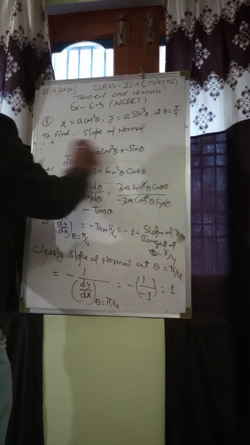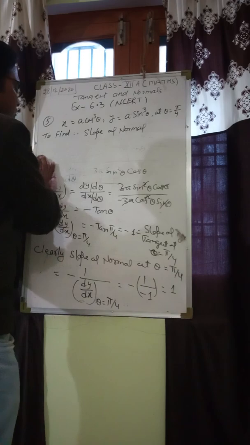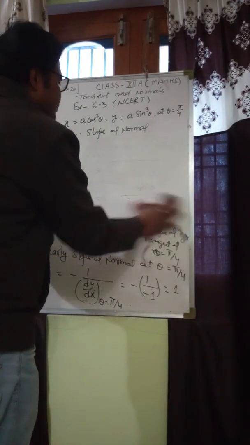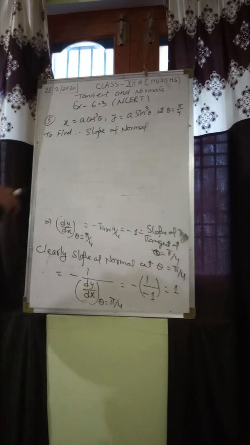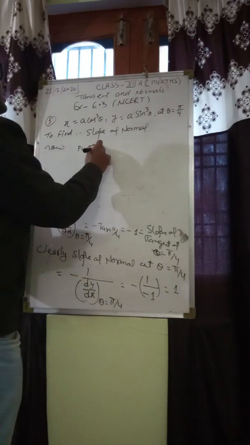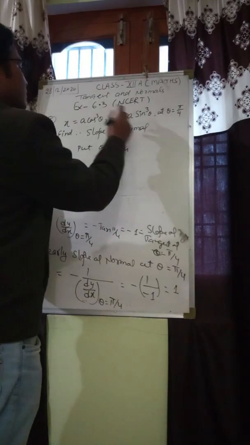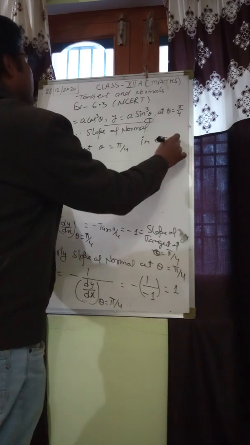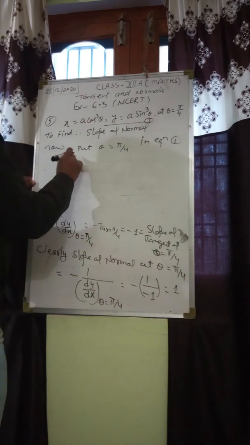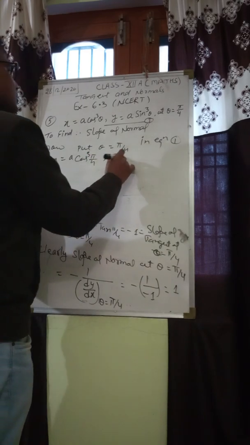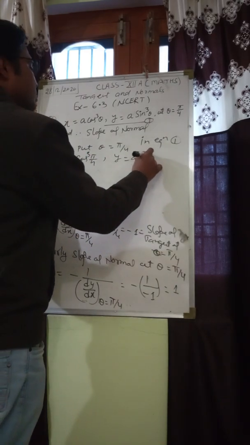For finding out the equation, we have to find that particular point first. Now put theta is equal to pi by 4 in the equations. What we have, x is equal to a cos cubed pi by 4, y is equal to a sin cubed pi by 4.